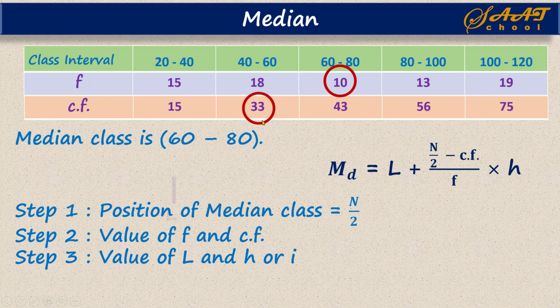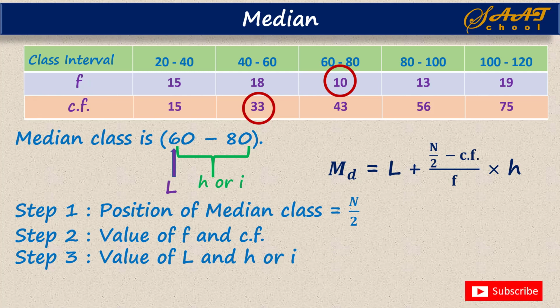To find L, we know the lower limit of the median class, and H or I is the height of the class. The height of the class in this case is 20. So these are the steps to find the median. Again, the position of the median class is calculated with the help of n by 2. The second step is to find f, the corresponding frequency of the median class.